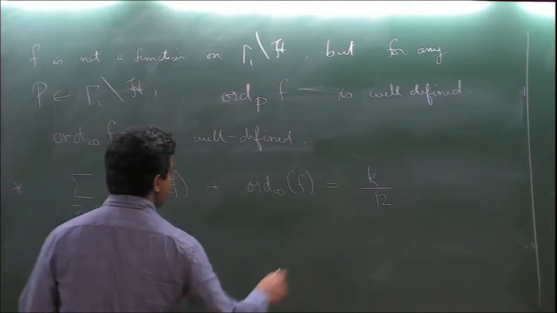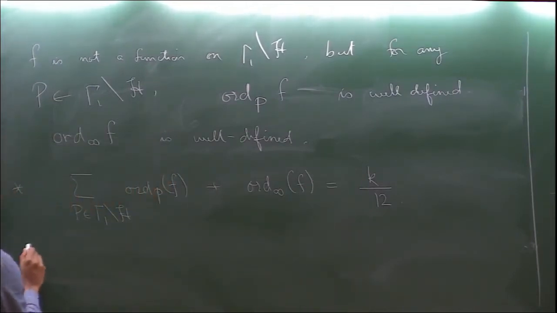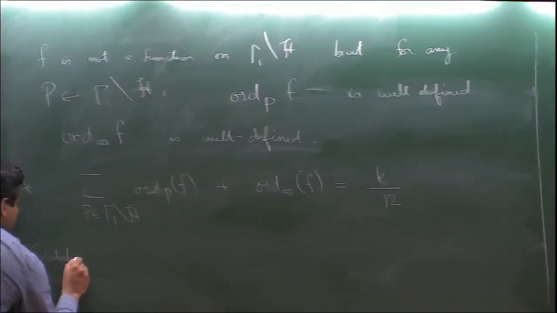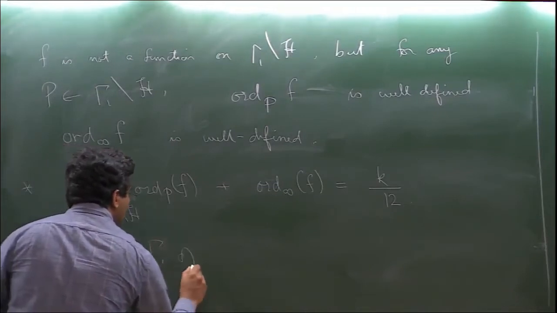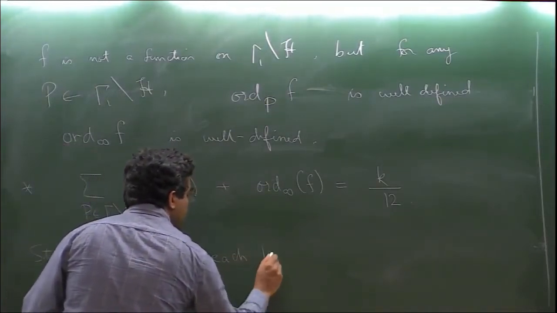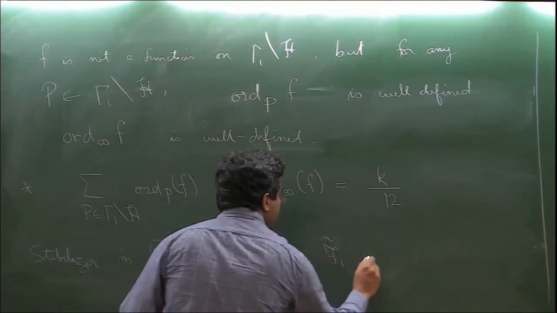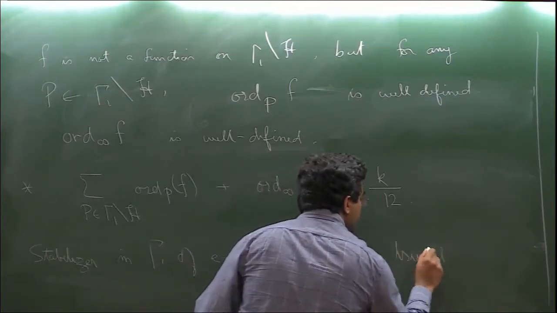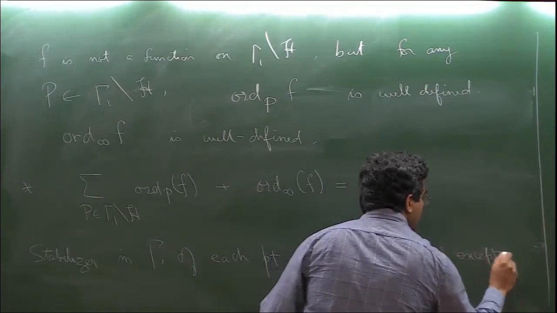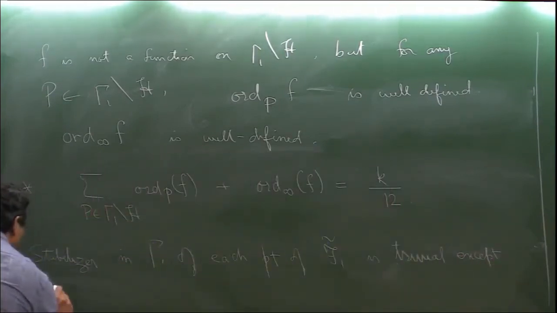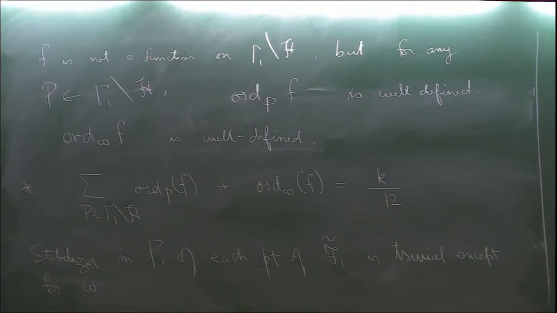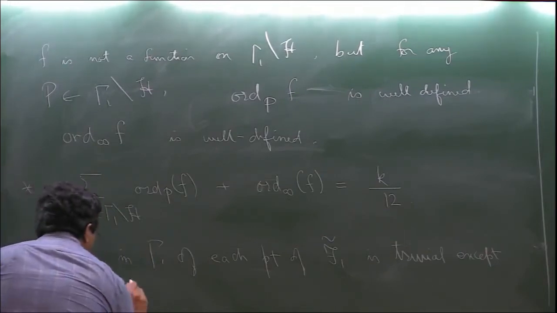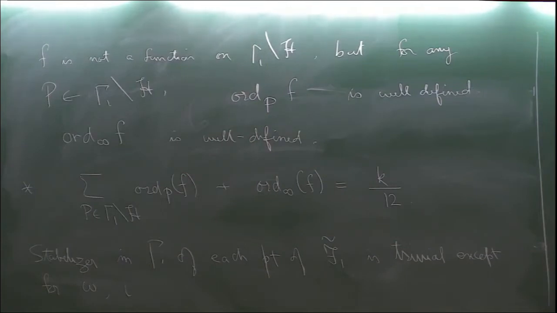Yeah, why does this k by 12 come? So the stabilizer in Gamma 1 of each point of F1 tilde is trivial except for omega, which is the cube root of -1, so here, and then i, the fourth root of -1, which is i.